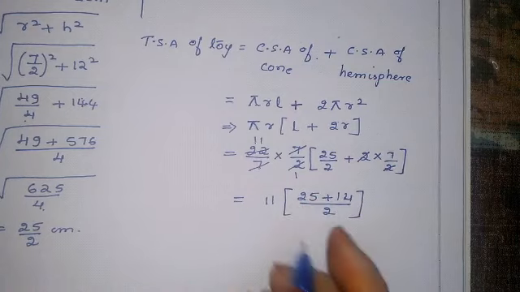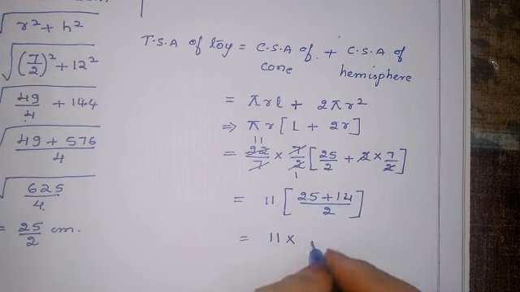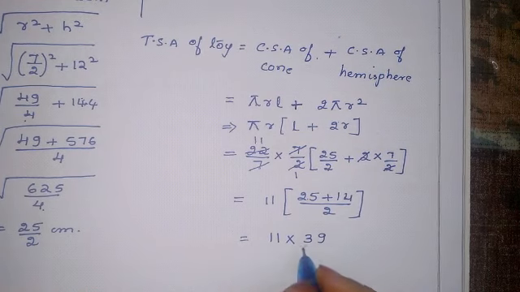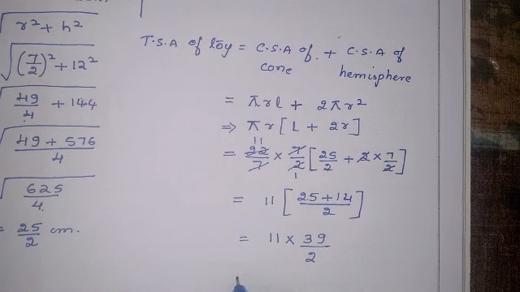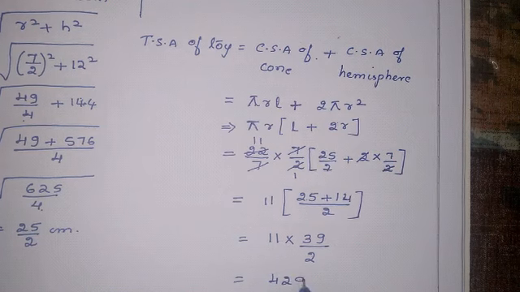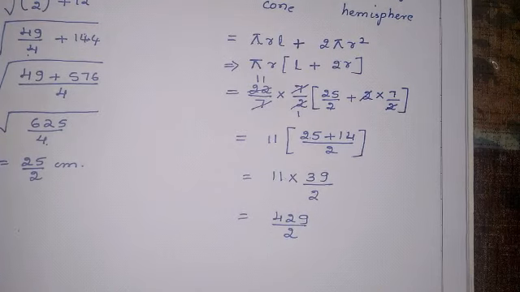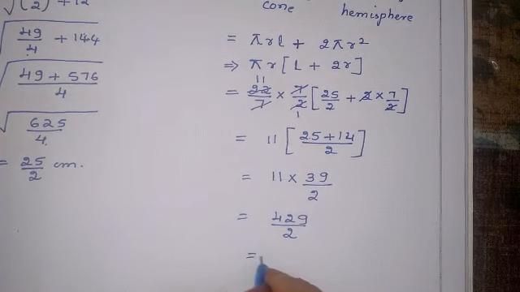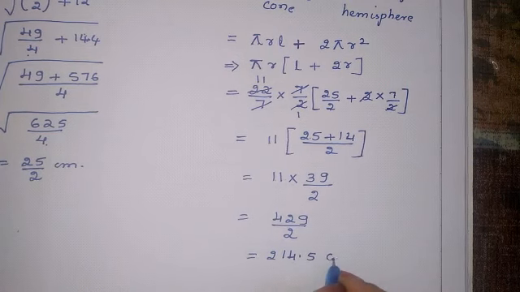Now it won't get cancelled. So let us multiply 39 into 11. 39 into 11 is 429 by 2. We have to divide, that is 214.5 centimeter square.